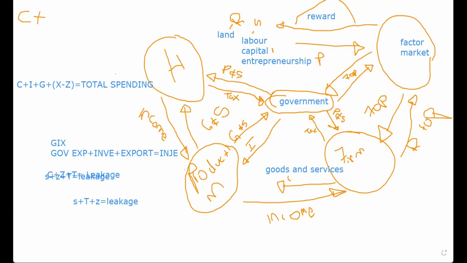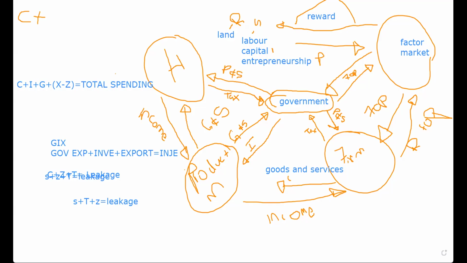And then adding the foreign sector. As you can see here, households purchase goods from the foreign sector. The foreign sector provides us with goods and services, and then we pay for imports.